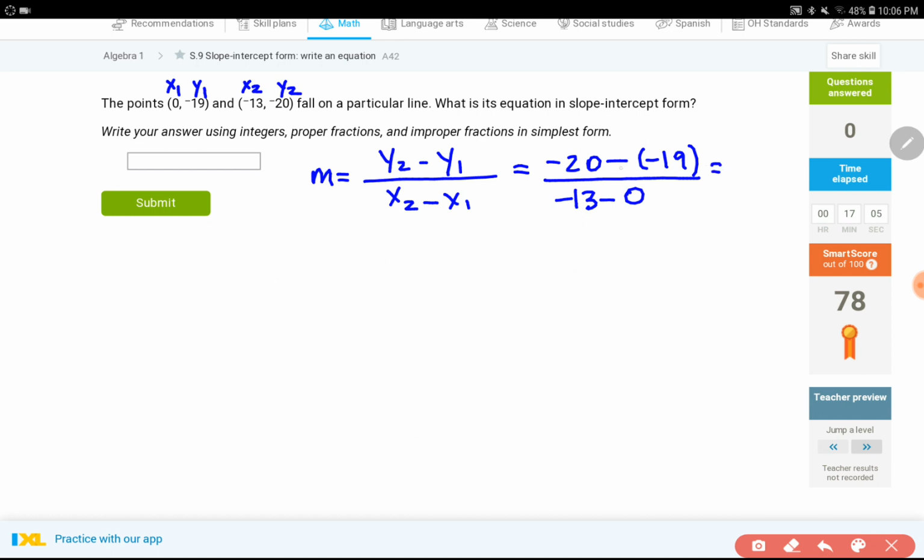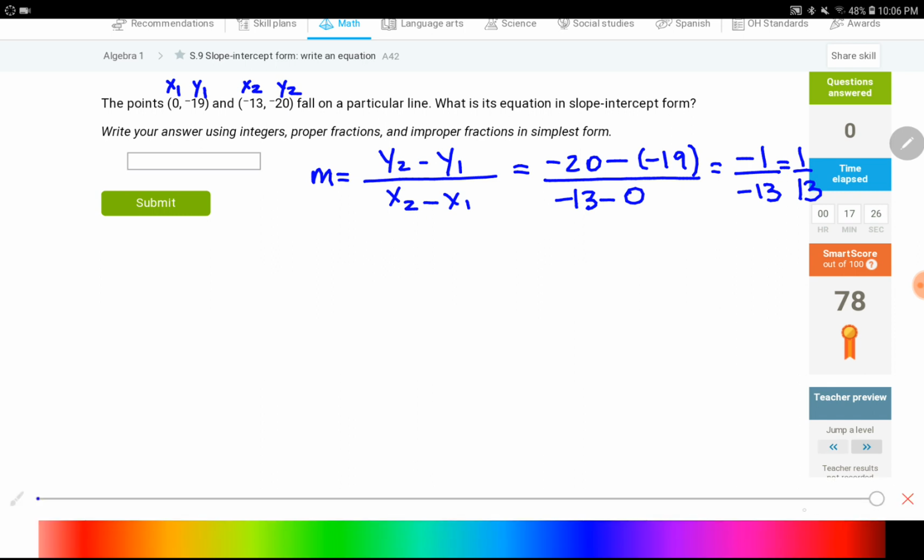Now, the top, negative 20 minus negative 19 equals negative 1, all over the bottom, the denominator, which equals negative 13. I have two negatives divided, so my answer is going to be positive 1 over 13 for the slope.